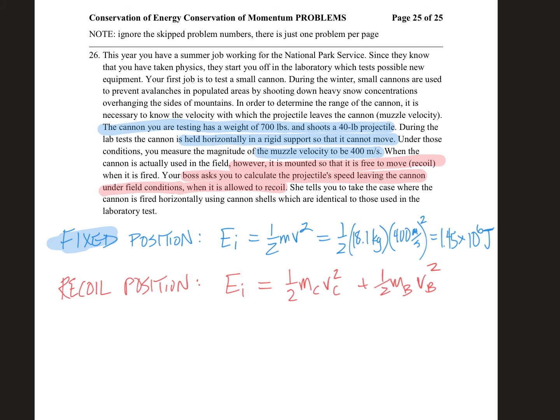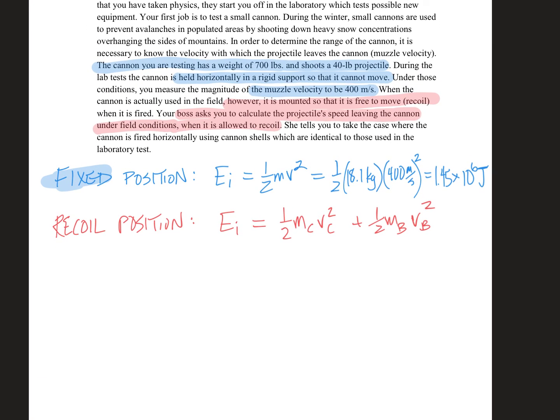If we do the math, 1.45 times 10 to the 6 joules will equal 158.8 times the speed squared plus 9.1 times the speed squared.